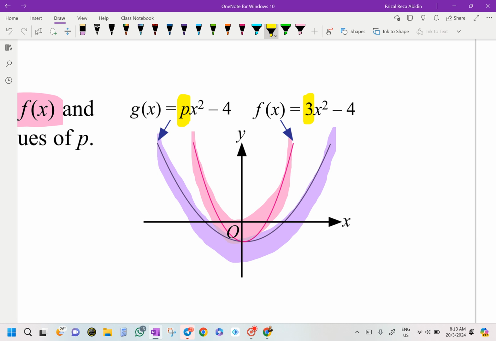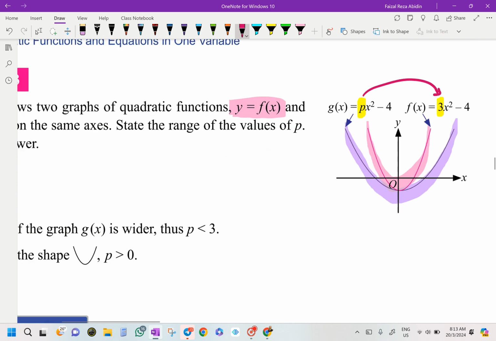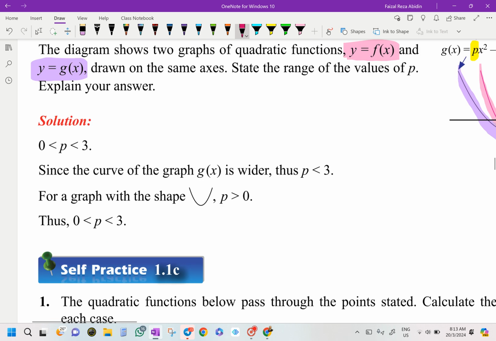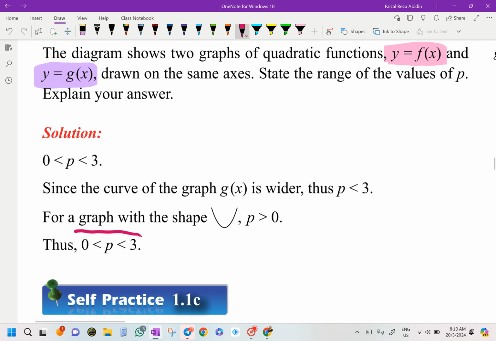Ya, untuk A ni makin dia besar, wider, the value going to be smaller. So the range dia mesti lebih kecil daripada 3 lah. Cannot be more. Kalau more than 3, dia akan lagi narrow lagi. So means that over here is given to you the explanation: less than 3, more than 0. Dia punya range. Boleh?